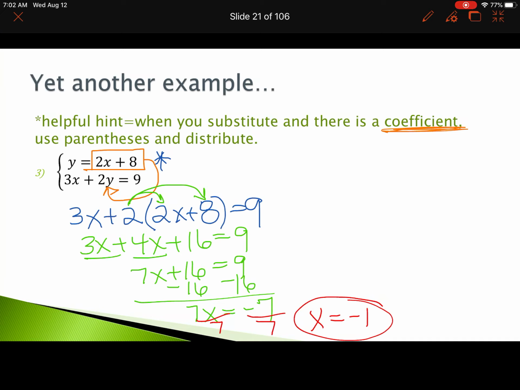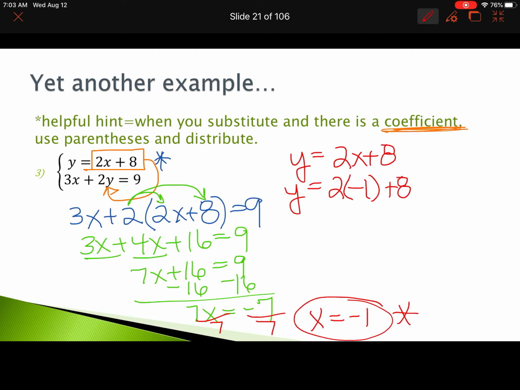Next step, I'm going to, in the original equation, use that x. Okay, and the original equation was y equals 2x plus 8. That one's already solved for a variable. That's the one I'd suggest. We're going to use that negative 1 and replace x with a negative 1. Please put it in parentheses so you get used to the idea we're taking the entire number.